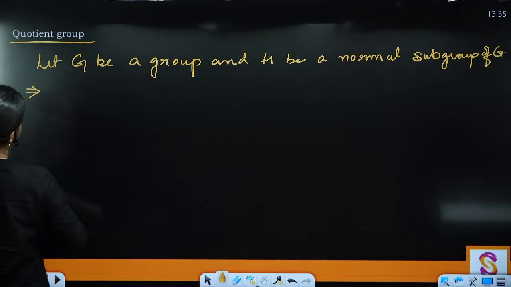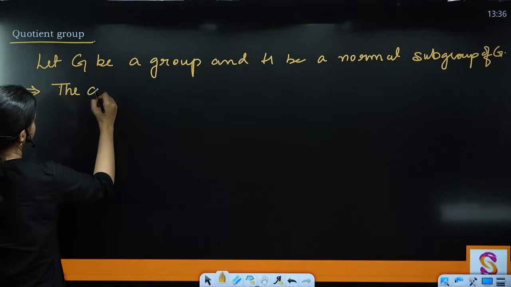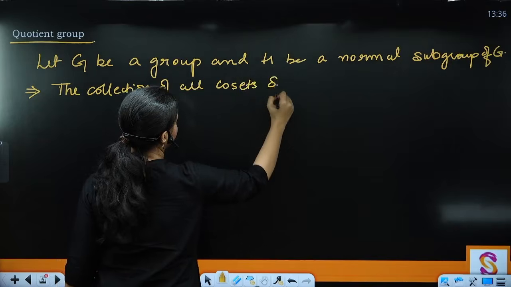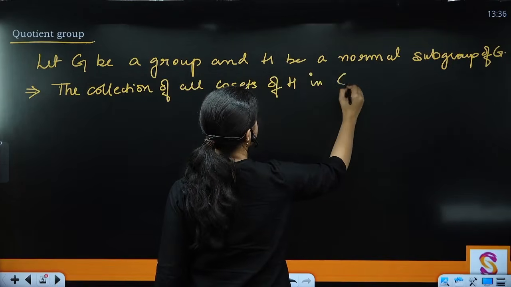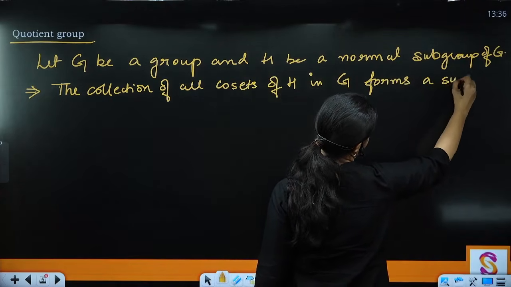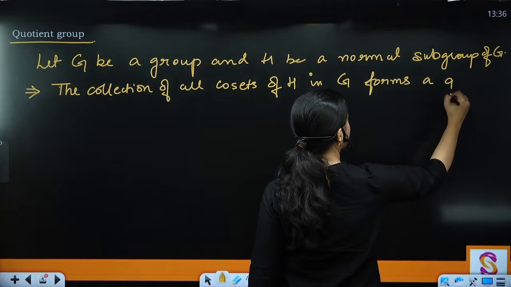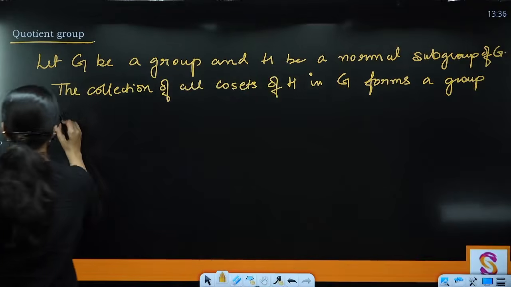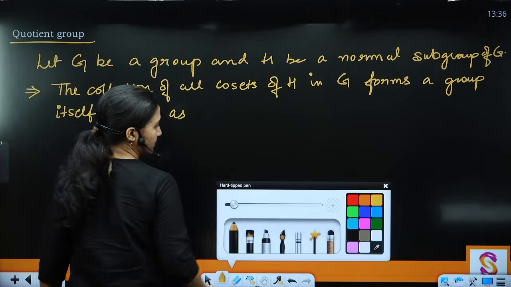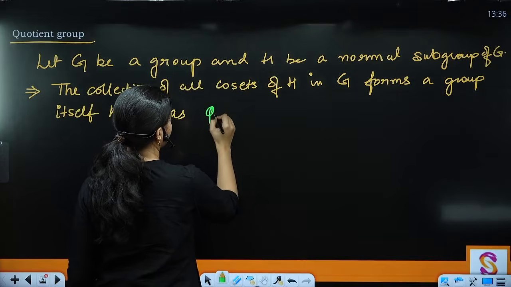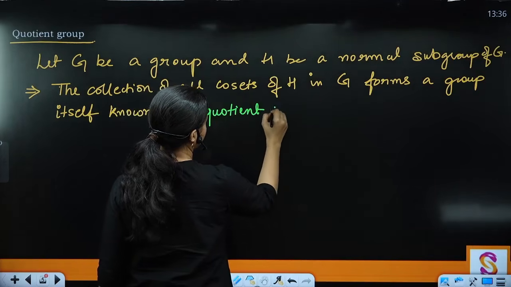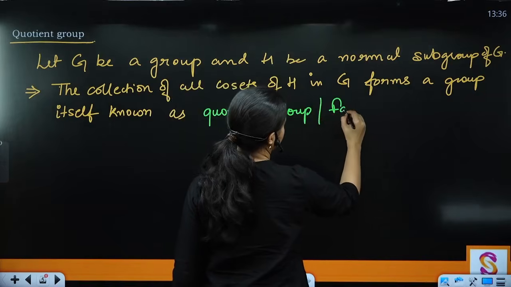This implies that the collection of all cosets of H in G forms a group itself, known as the quotient, or you can say factor group.